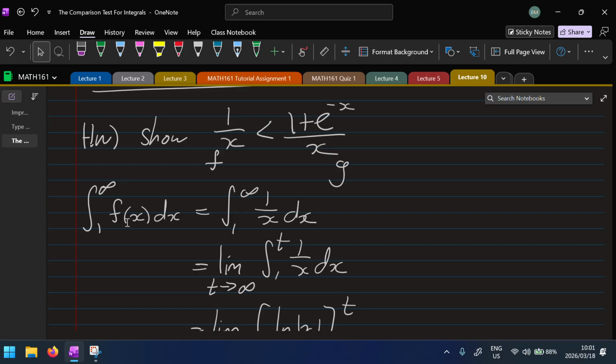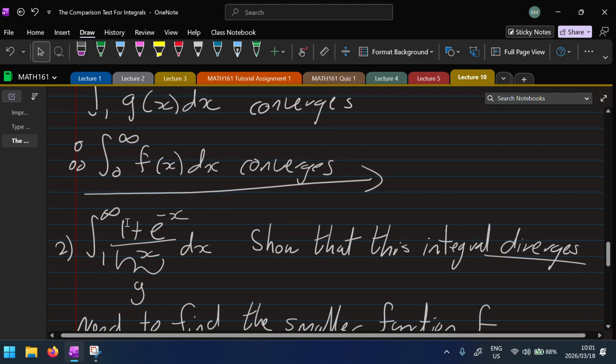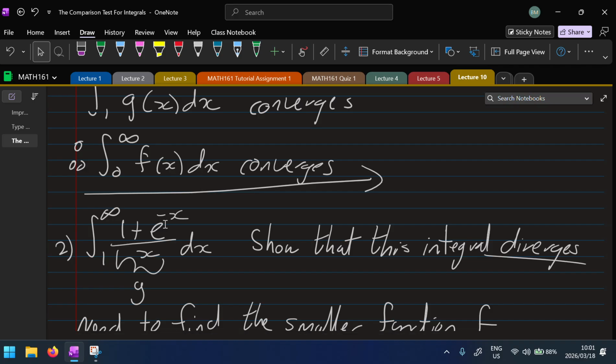Okay. Any questions for this one? Yeah. Oh, that's from over here. So this e to the minus x, right? That's our part that's giving us issues. What happens when x goes to infinity? E to the minus x will go to 0.